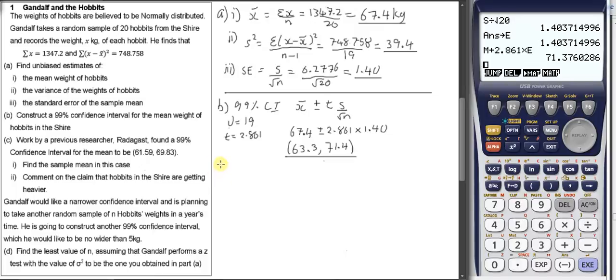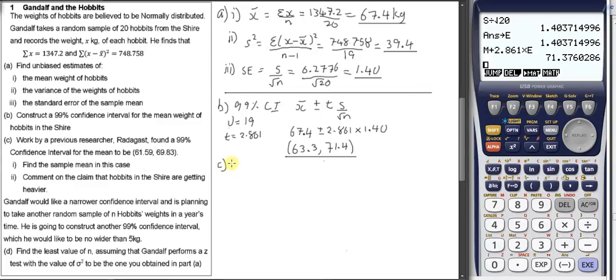So part C. Work by a previous researcher, Radagast, finds a 99% confidence interval to be 61.59, which is less than that, and 69.83, which is in that interval but less than the upper value, so there's some overlap. And we're asked to find the sample mean for Radagast's sample.